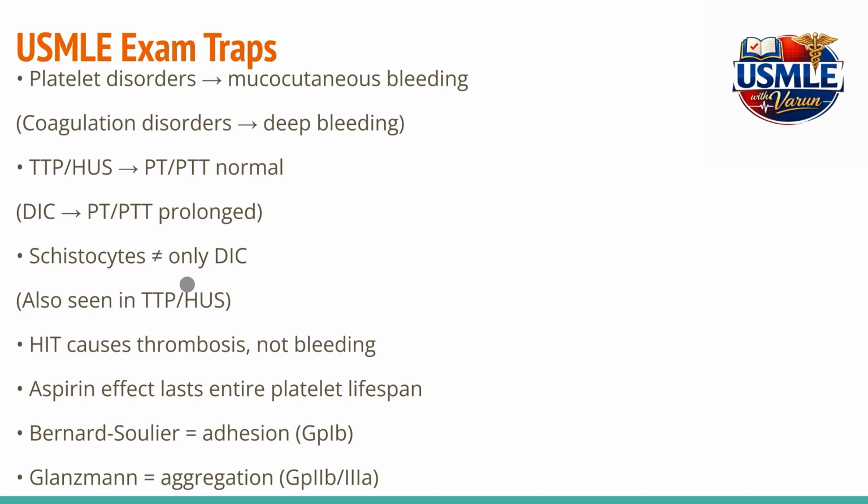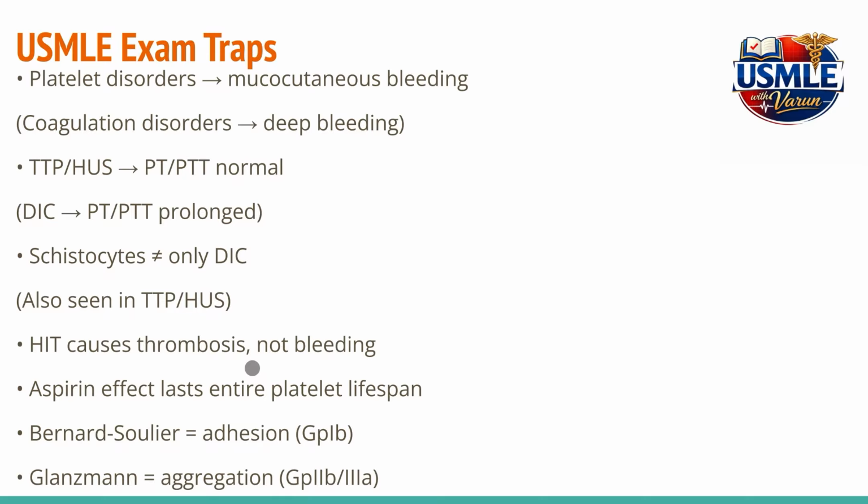Schistocytes are seen in TTP, hemolytic uremic syndrome, and disseminated intravascular coagulation. Schistocytes are not just characteristic of DIC; they're also seen in cases of TTP and HUS. HIT causes thrombosis, not bleeding.